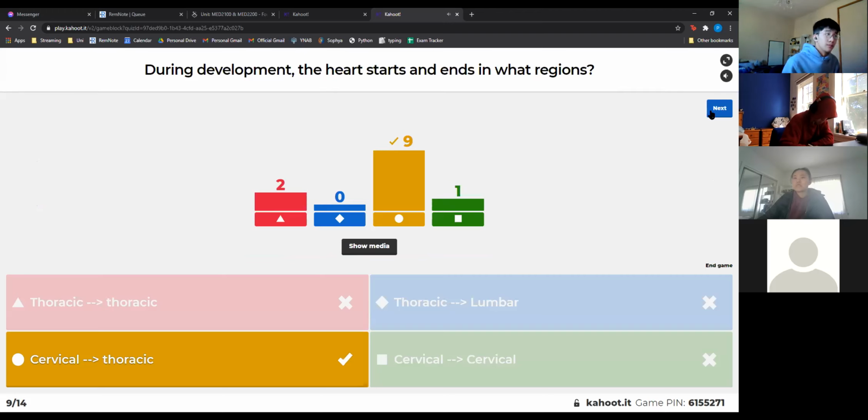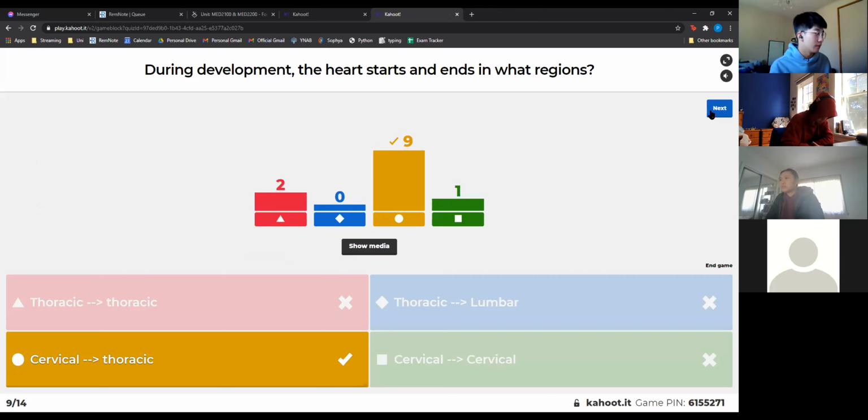Yeah, so I guess this is an important thing for embryology, and Lazarus will go on and on about it for the phrenic nerve. So the phrenic nerve surrounds the pericardium, right? C3, 4, 5 keeps the diaphragm alive. And that's because the heart drags C3, 4, 5 all the way down into the thoracic area.